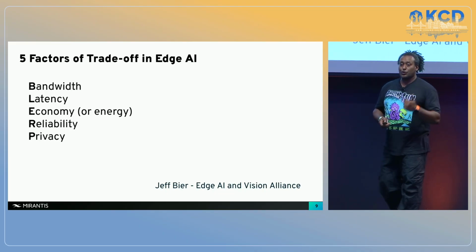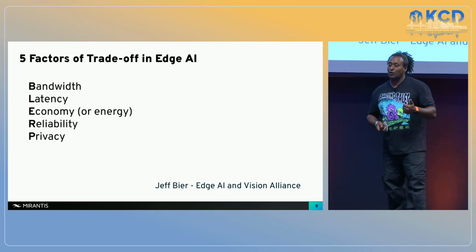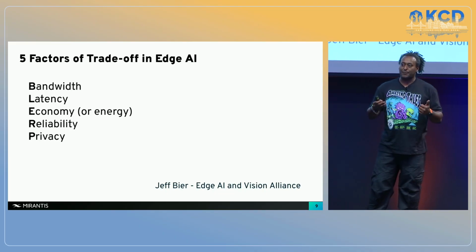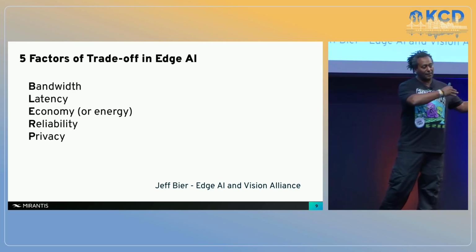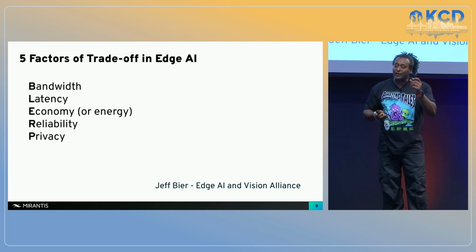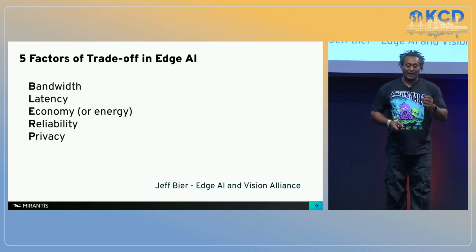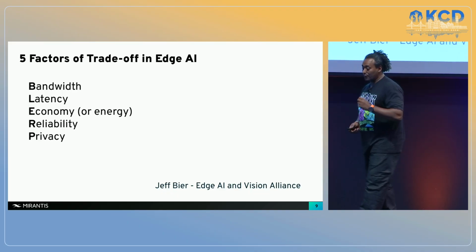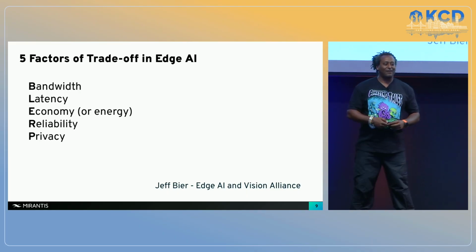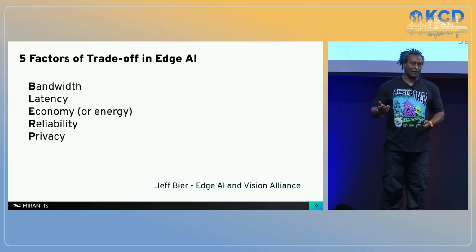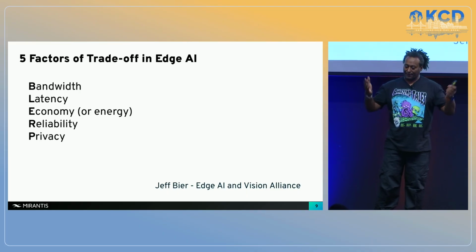Bandwidth: we need to use the bandwidth consciously, meaning that we can't be chewing data and sending the whole data set back, because we might have very limited bandwidth. We might have bandwidth that is shared with other services. Imagine a boat in the ocean, right? Or an oil drill, an oil rig.